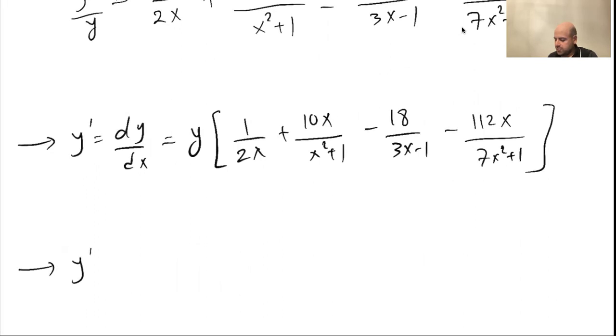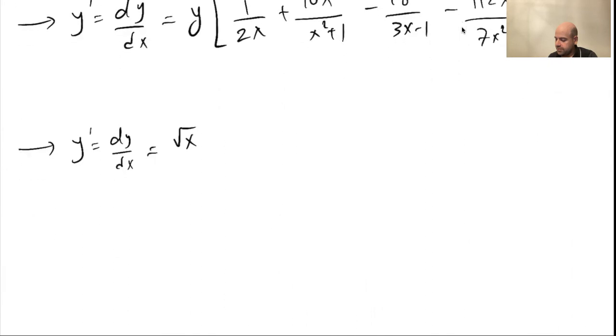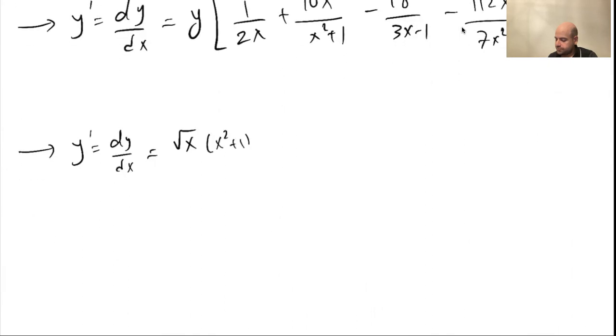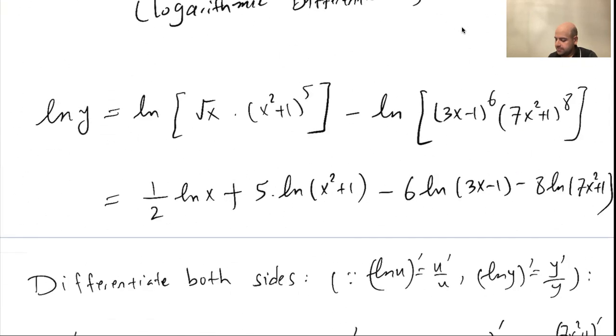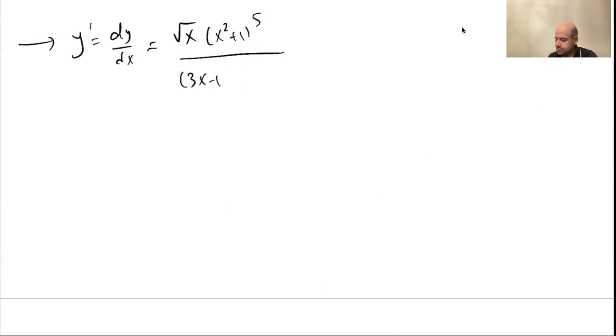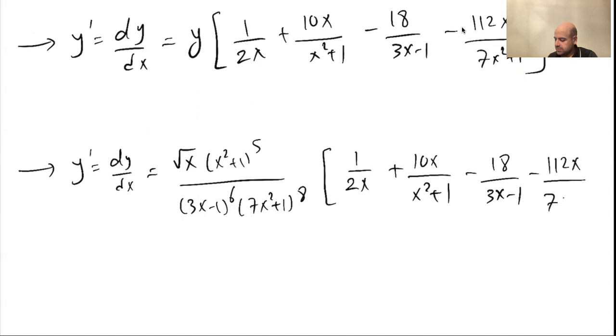It was that long expression: root x times x squared plus 1 to power 5, divided by 3x minus 1 to power 6 times 7x squared plus 1 to power 8, and then times this expression, 1 over 2x plus 10x over x squared plus 1 minus 18 over 3x minus 1 minus 112x over 7x squared plus 1.